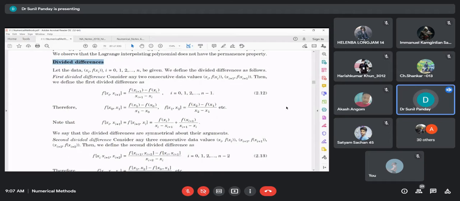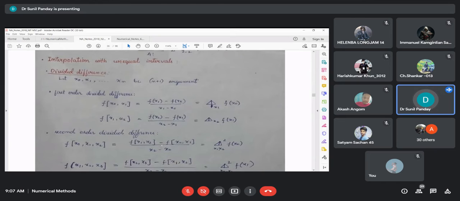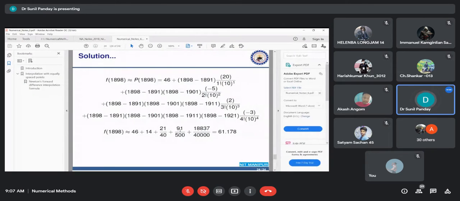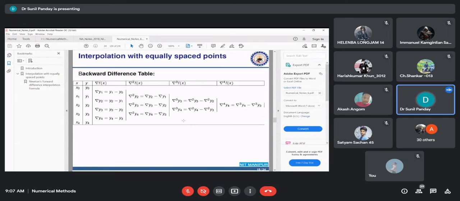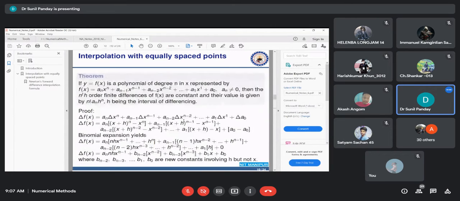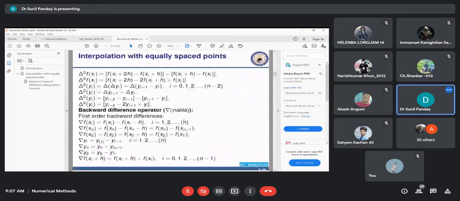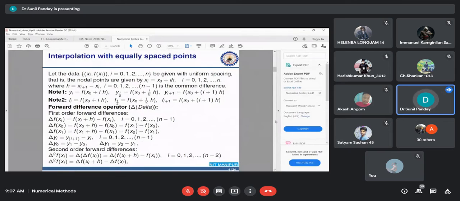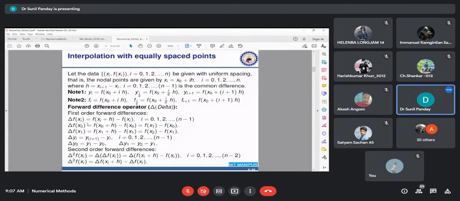If you remember, I already defined this. I think this is again visible to you. If you remember this Wednesday class, this is your forward difference operator.